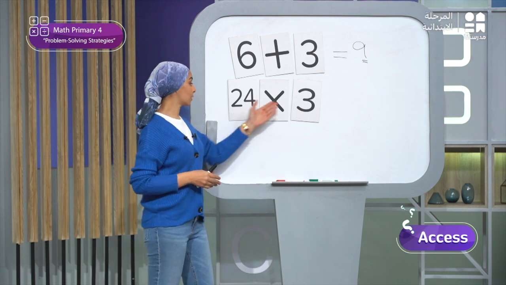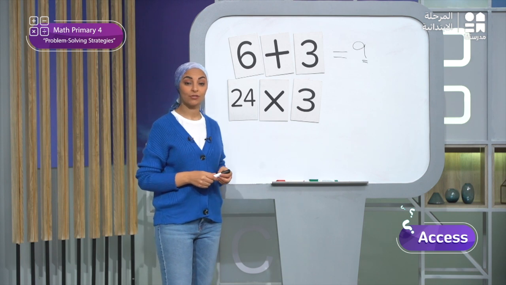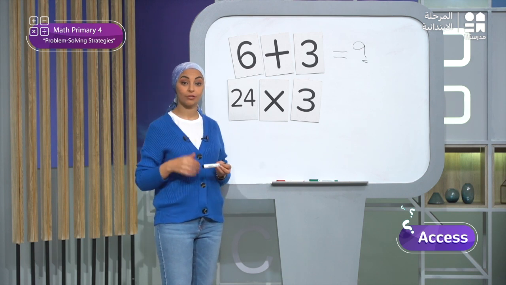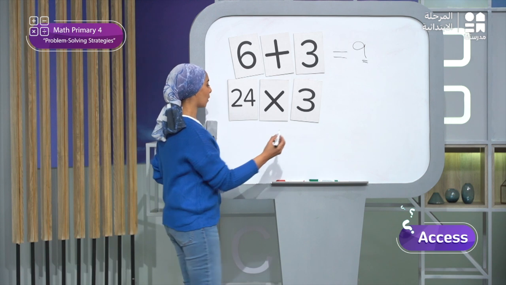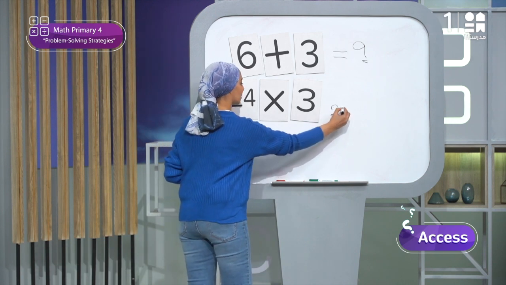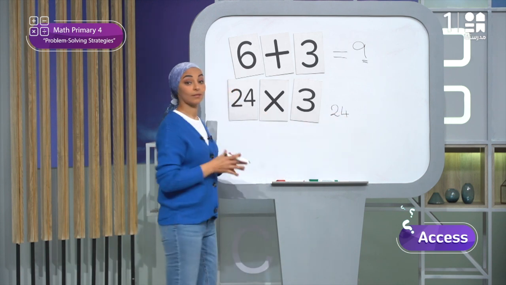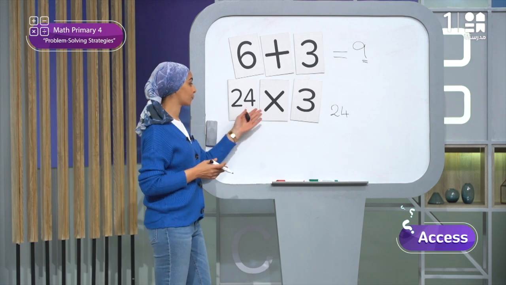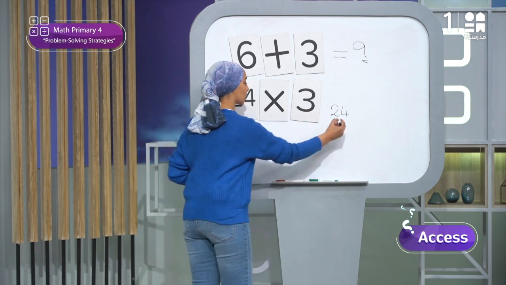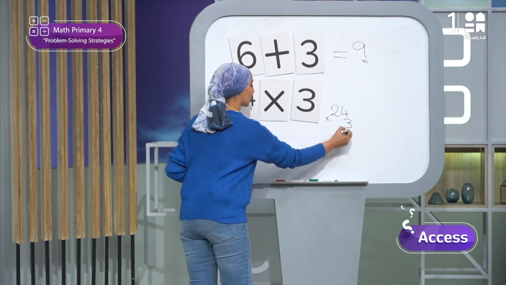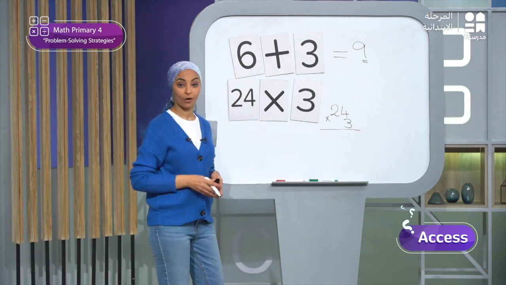To multiply these two numbers using the standard algorithm, I must put them under each other, right? So I will write 24, of course, I must start with the biggest number, which is 24. Under it, I will put 3, and I multiply these two numbers, right?